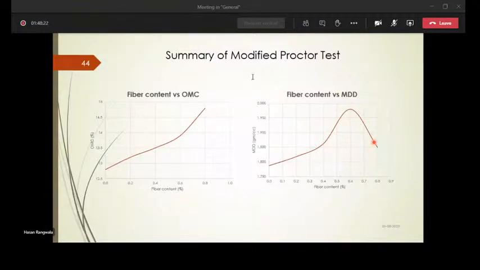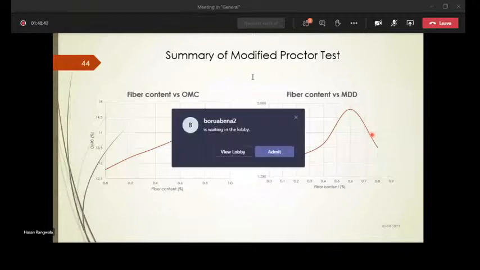In this particular study we have taken 25 mm for 0.8 percentage of fiber. If I could have used, say, 20 mm fiber, then surely I would have had some increase in the MDD.